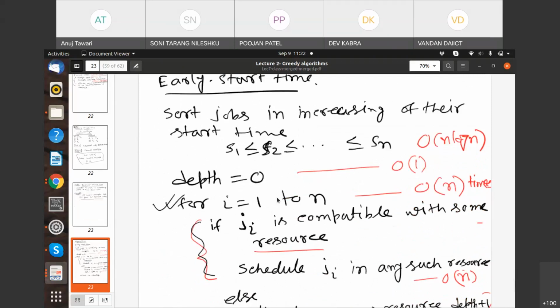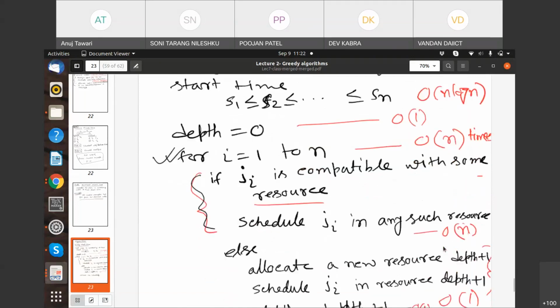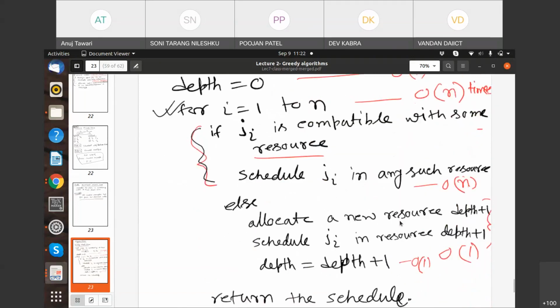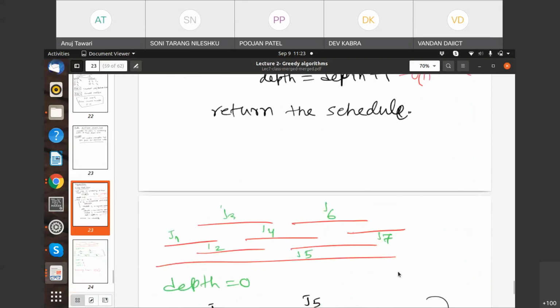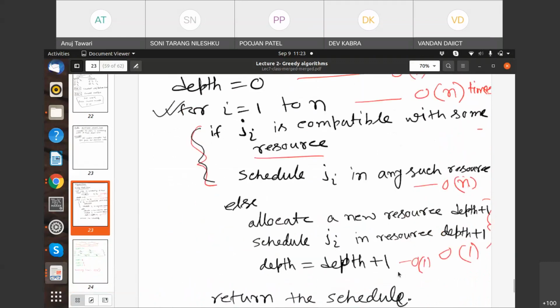For i from 1 to n, we check whether the ith job is compatible with some classroom, then schedule Ji in such a classroom. Else we allocate a new classroom and increment the depth by 1. All this we can do in constant time, and just return that schedule.